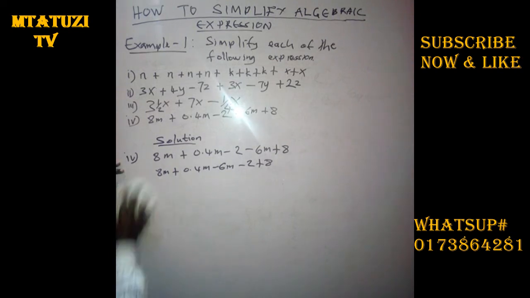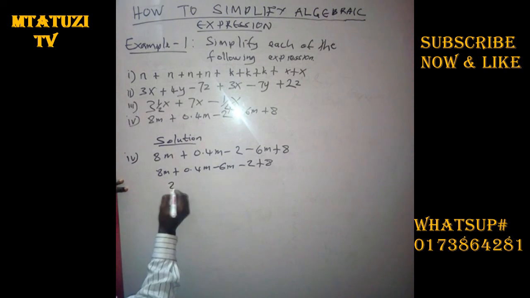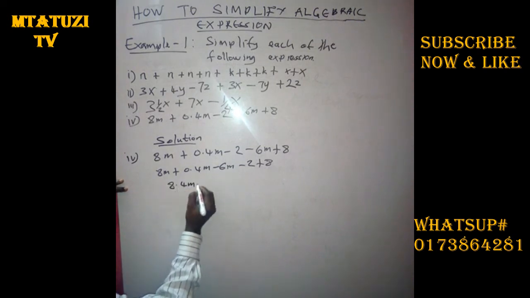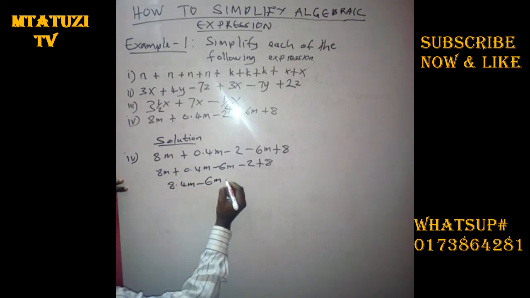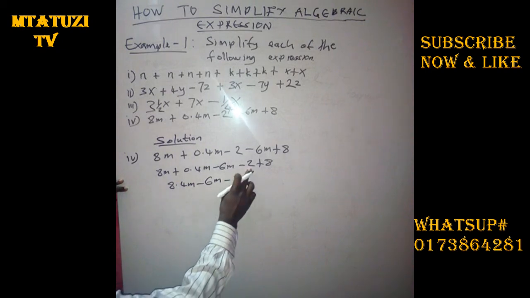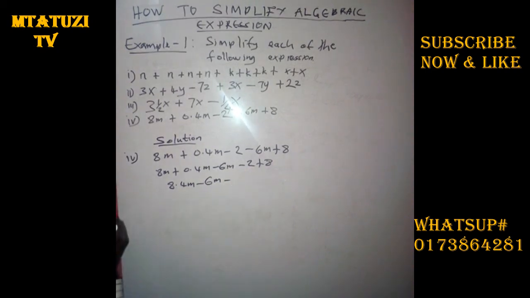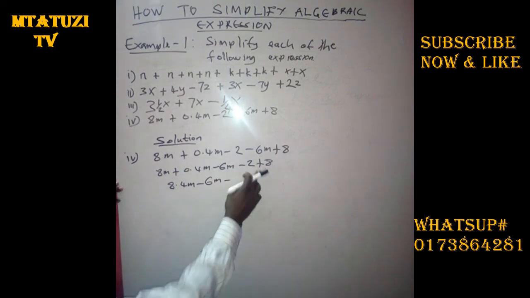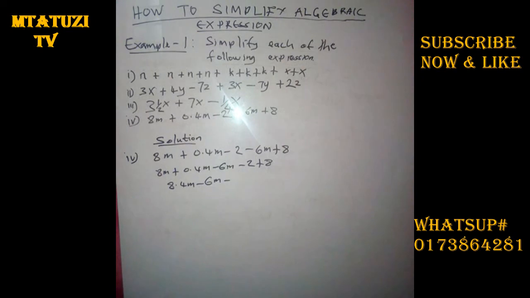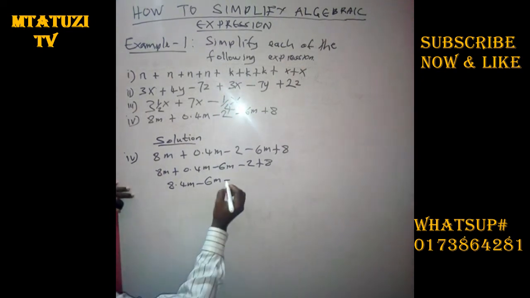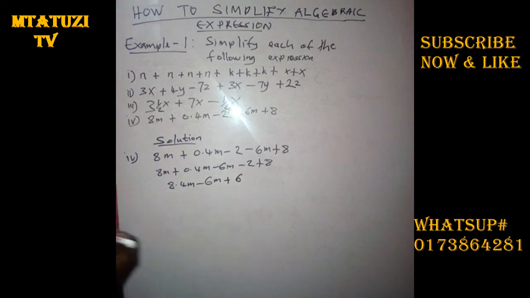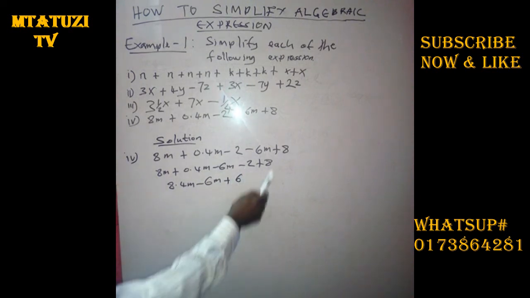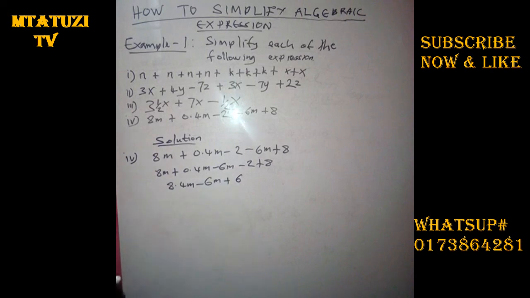So the answer is 8.4m minus 6m, and then negative 2 plus 8, you get plus 6. Someone owes you 2 and you have 8; when you give that 2, you remain with 6. So there, we finish that one.